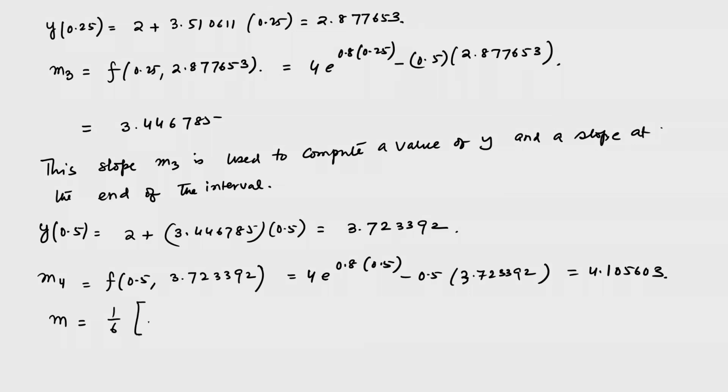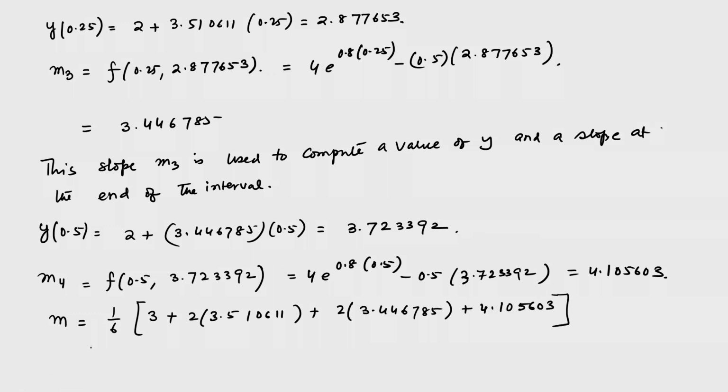So, the effective M or the net M is 1/6 of 3 plus 2 into 3.510611 plus 2 into 3.446785 plus 4.105603 and so on, and then if you calculate the slope, it becomes 3.503399.